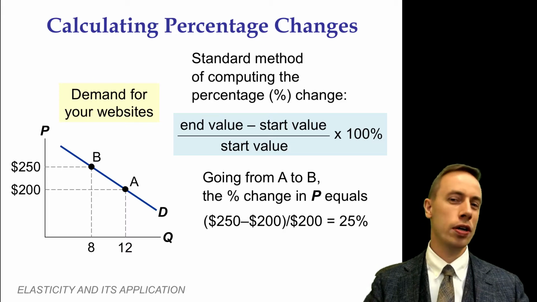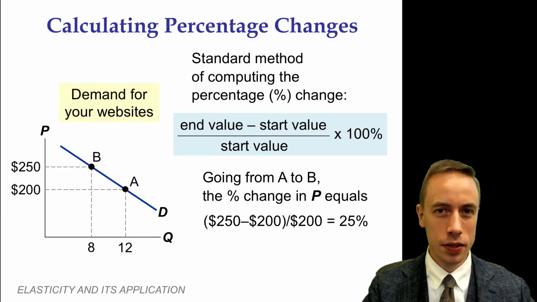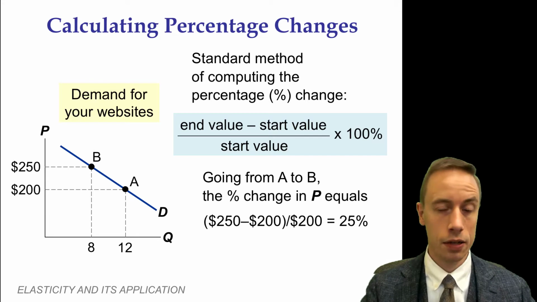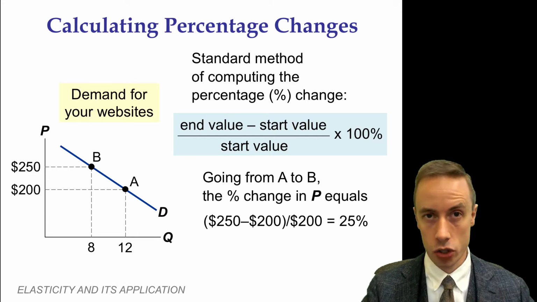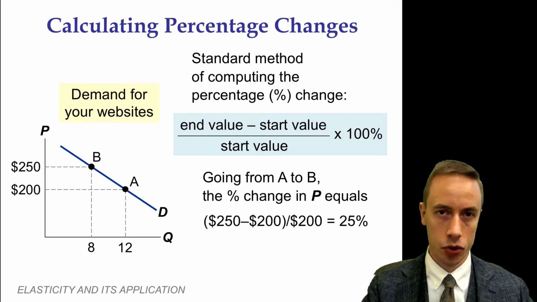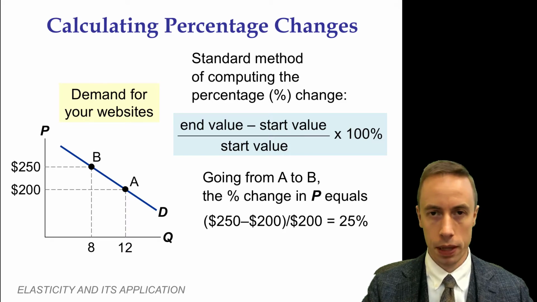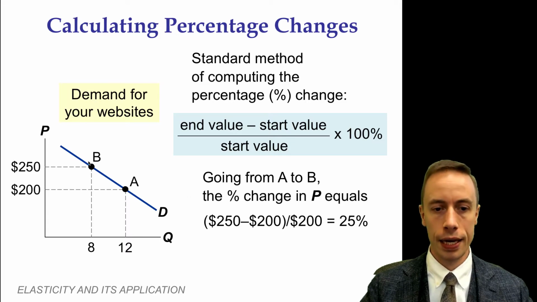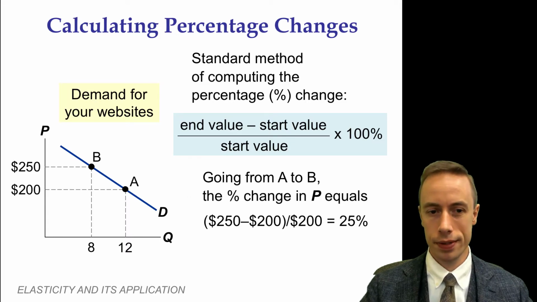Now the reason we're talking about that is that when it comes to elasticities, economists don't use the standard method of computing a percentage change. It has a weakness that's quite severe when it comes to this application. Let me explain. I decided that the start price on this demand curve was 200 based on these arbitrary labels A and B that I had placed.